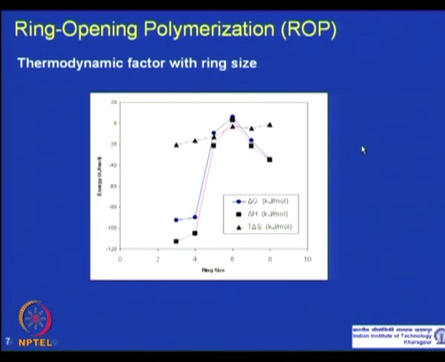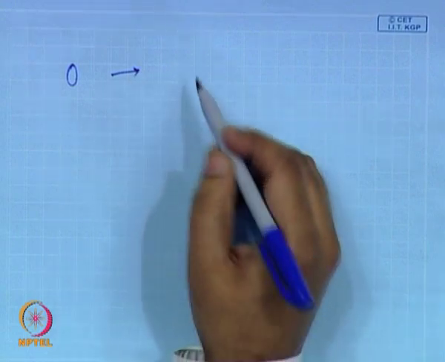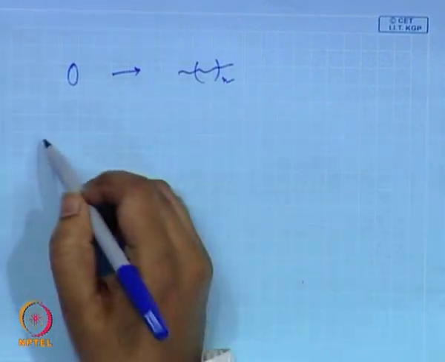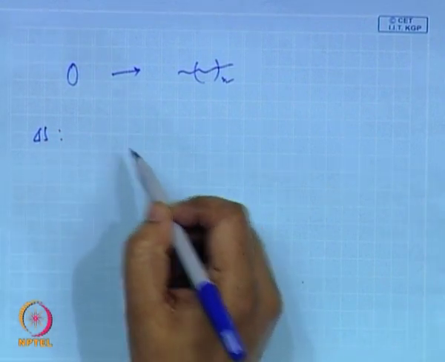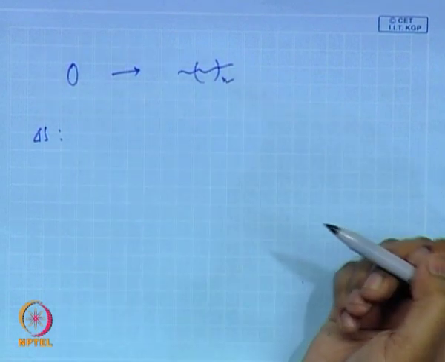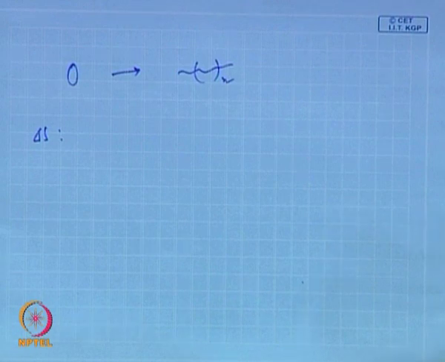And if you talk about linear polymers, first let us talk about del S. Now, del S will be negative because the monomers are getting joined and making a linear polymer.